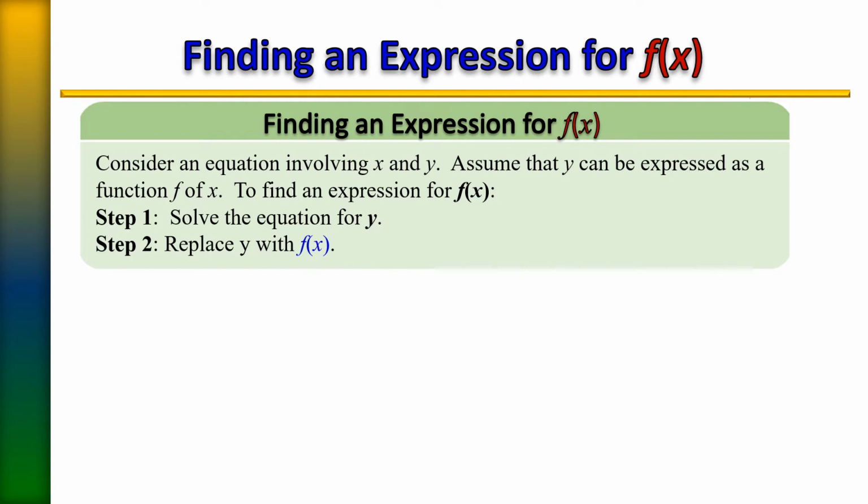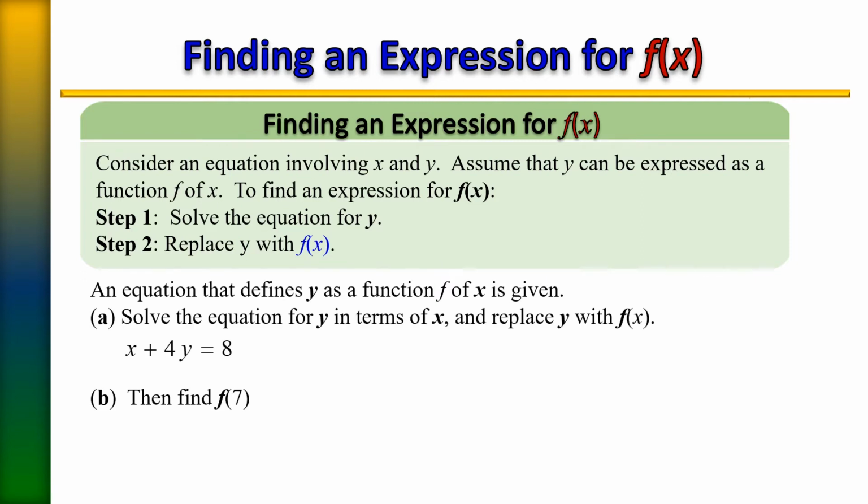So let's do an example. Here we're given the equation x plus 4y equals 8, and we want to write an equation that defines y as a function of x. All we have to do is simply solve the equation for y first.